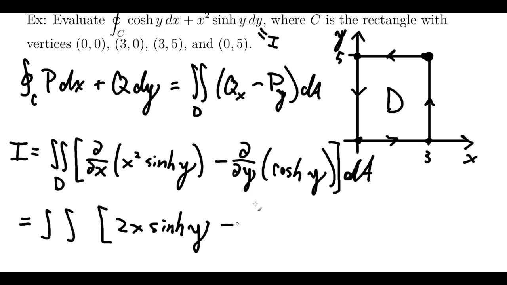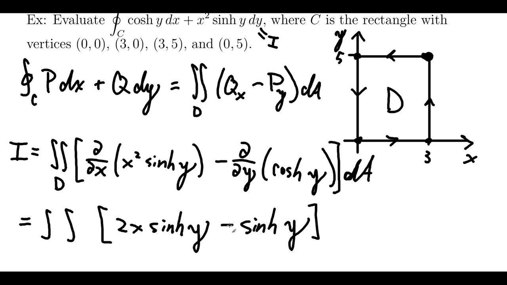We have minus the partial of this with respect to y, the derivative of cosh is sinh. Looking at this, we see a common factor of sinh y. We could factor that out, which leaves a 2x minus 1.